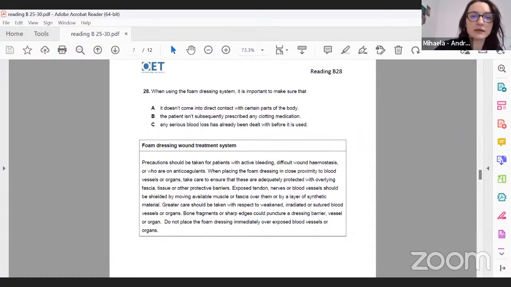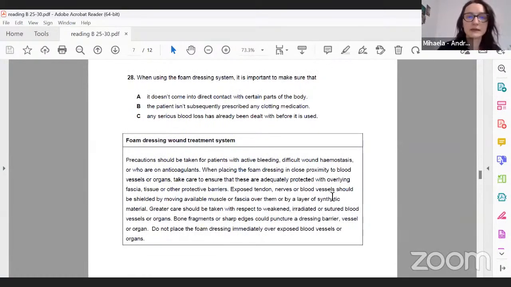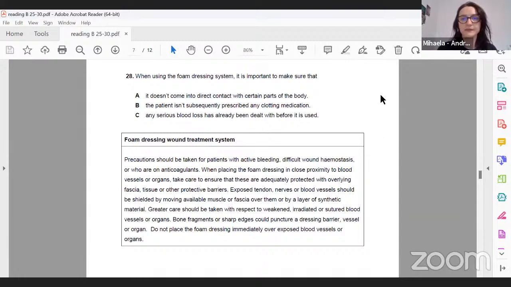This one, make it a bit bigger. Foam dressing. We have the word important in the question, which you should focus on as well when you look at your text. So let's go through the text.